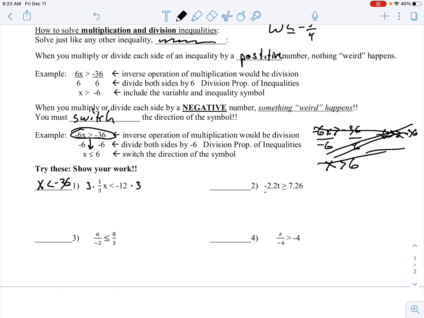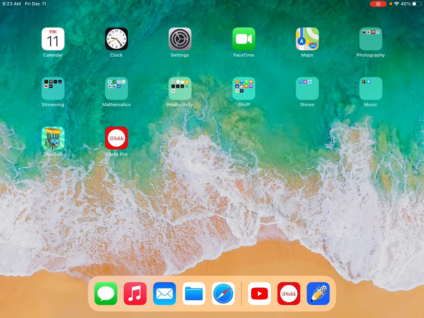Number 2, we have to divide by negative 2.2, divide by negative 2.2, and we get t, remember we have to switch our sign now, is less than or equal to, and let me pull up my calculator here because I'm not quite sure what that is off the top of my head. Let me find my calculator first. Oh, we got Desmos here.